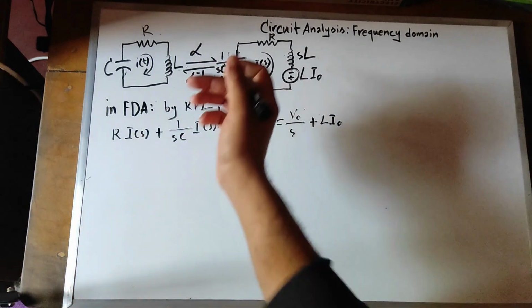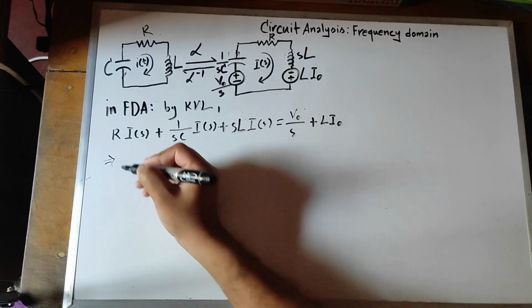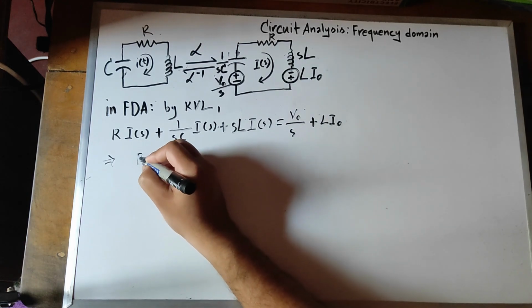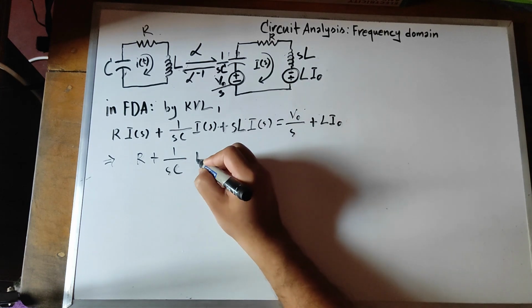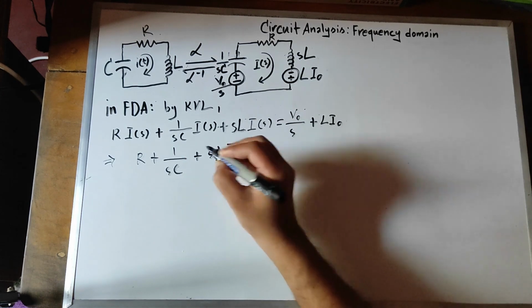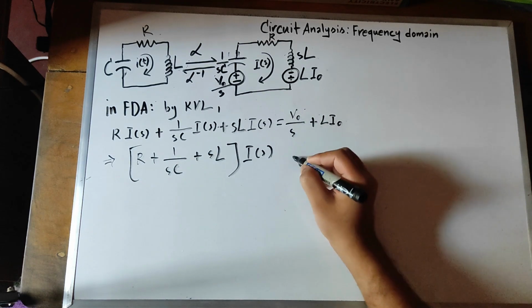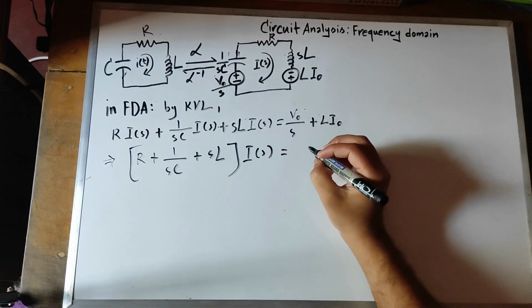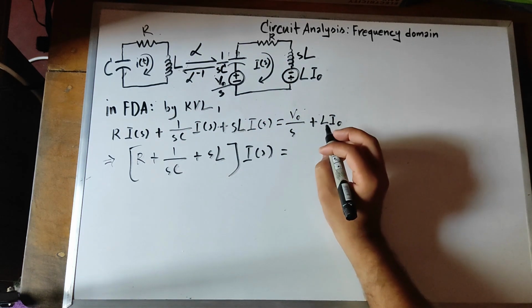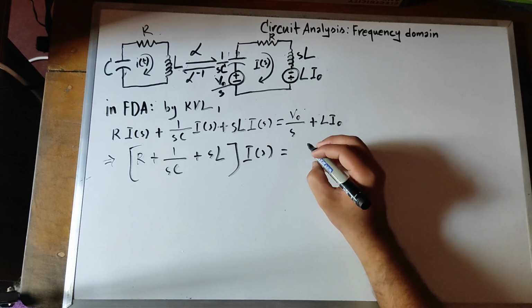Now if we just rearrange this, R plus 1 by SC plus SL times I(s), which is the loop current, the current through all the components in Laplace domain, equals the initial voltage and current terms.